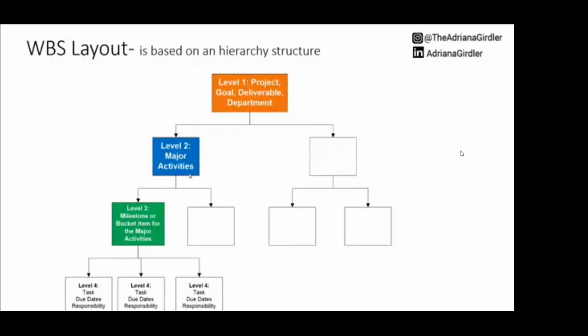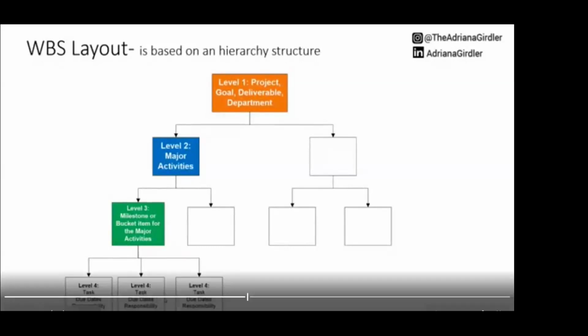These are either milestone activities within that major one. They could be even a further breakdown of activities. And last but not least, you have your level 4. If you were to compare it to an org chart, those would be the doers. It's the tasks. So that's what your level 4 would be.